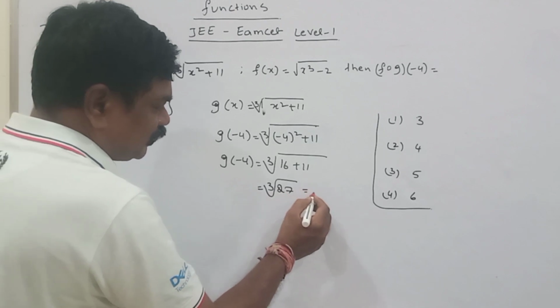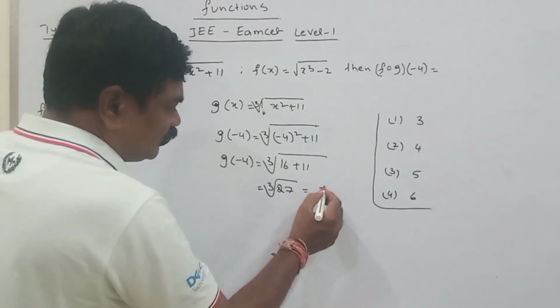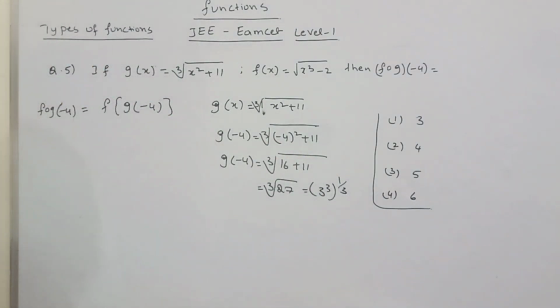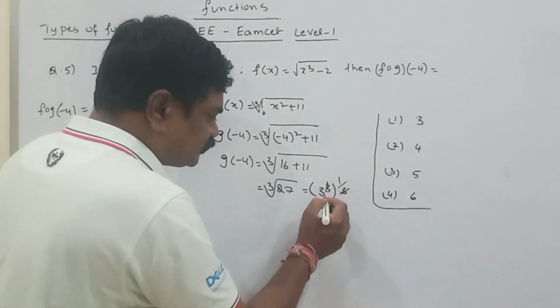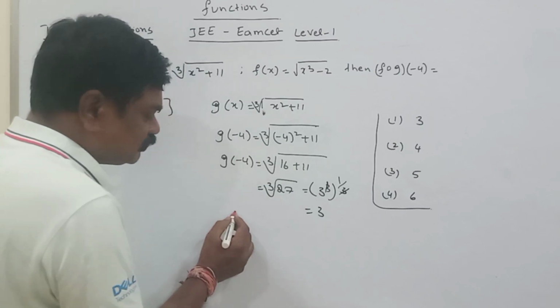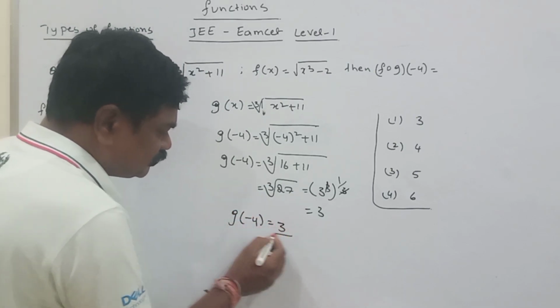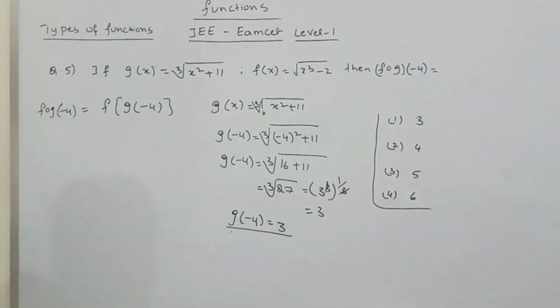This 27 can be written as 3 cubed, to the power 1 by 3. The powers cancel. G of minus 4 is equal to 3.